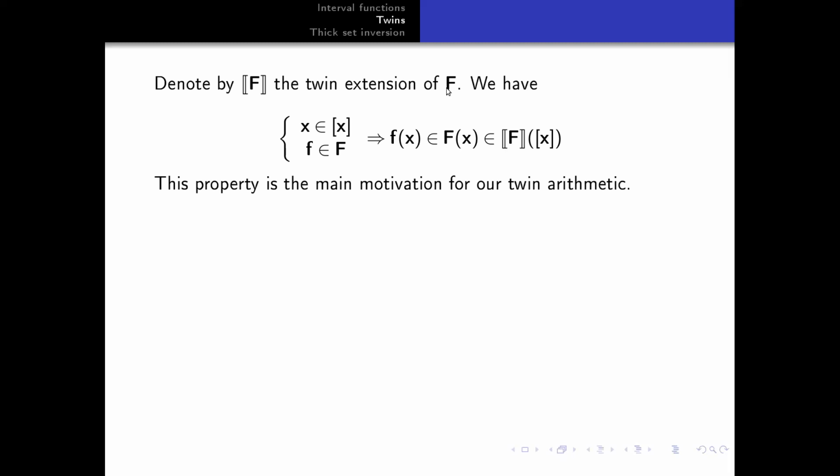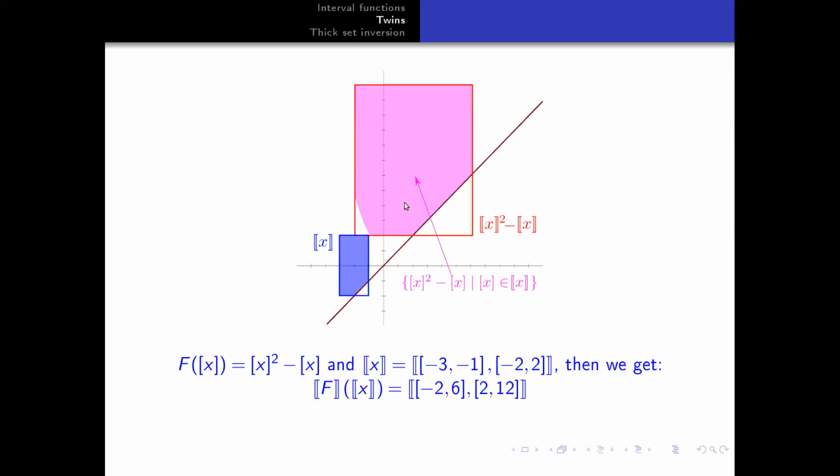It is normal because f belongs to capital F, okay? But this interval also belongs to this twin, which corresponds to a set of intervals. So this property is our main motivation for our twin arithmetic.